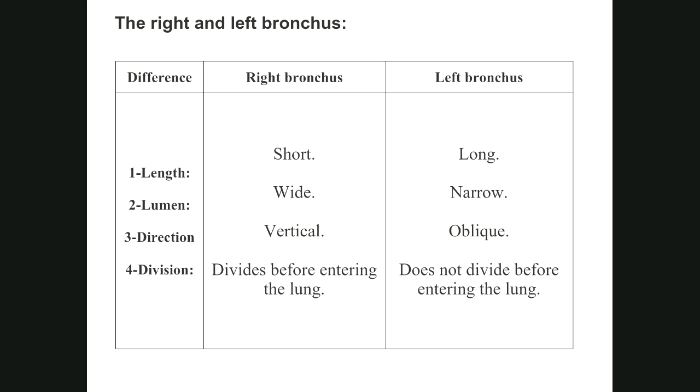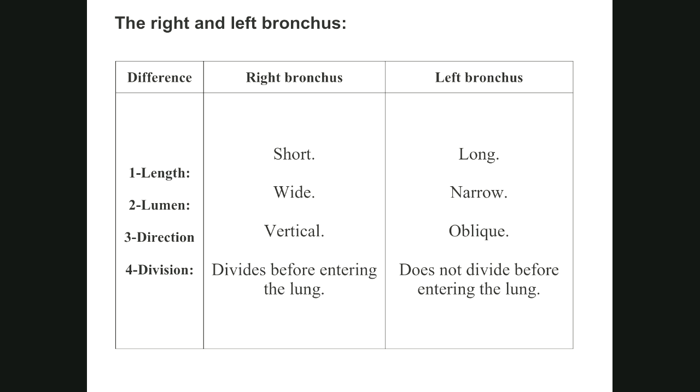Next, what are the differences here? What is the difference between the right and left bronchi? See here: the length, lumen, direction, and division. These are very important things to know about the trachea because there is some clinical importance also. The length of the right bronchus is very short and the left one is long.